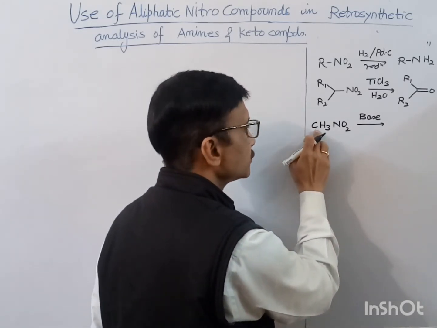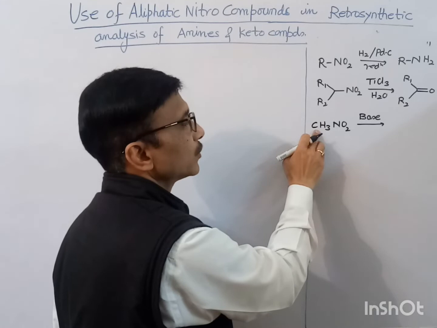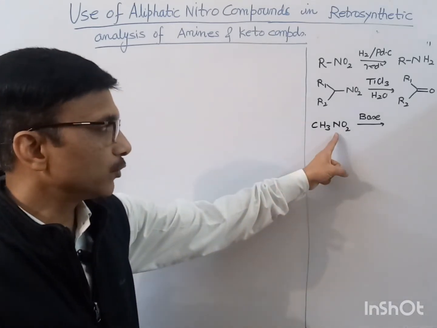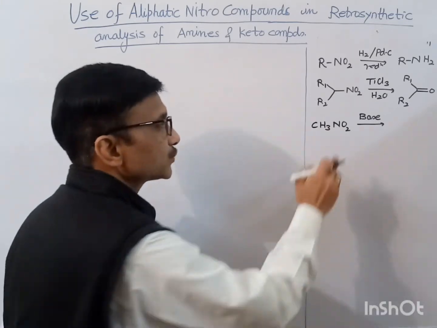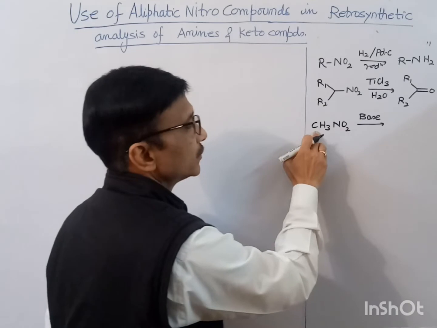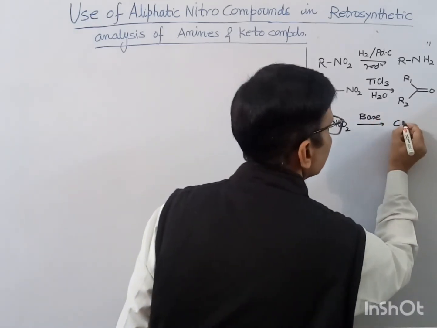The hydrogen present in this CH3 is acidic because it is attached to an electron withdrawing group. NO2 is the electron withdrawing group.